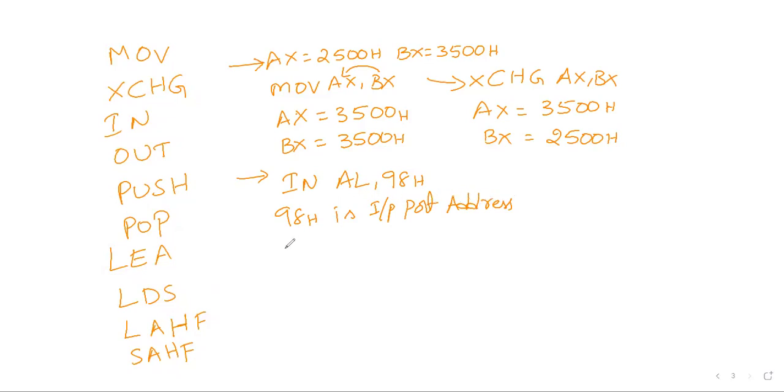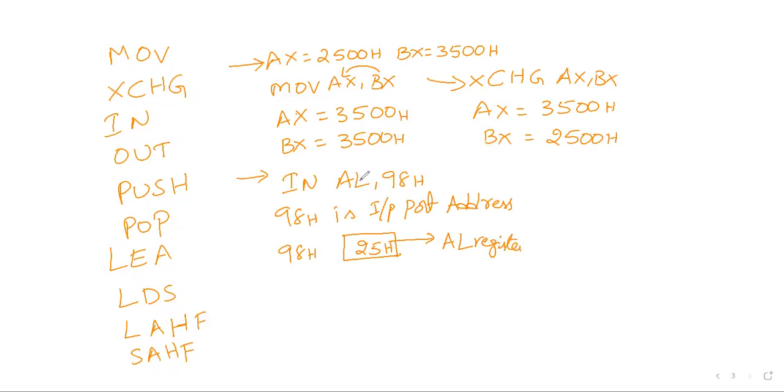So this 98 hexa acts as an address. With this address, one IO port is identified. Whatever data is available in this input port, that data is transferred to the AL register.